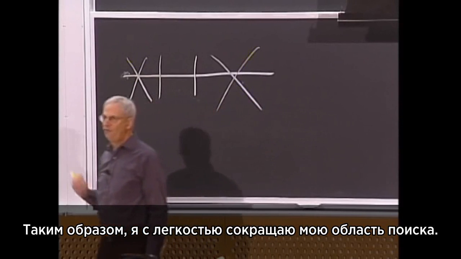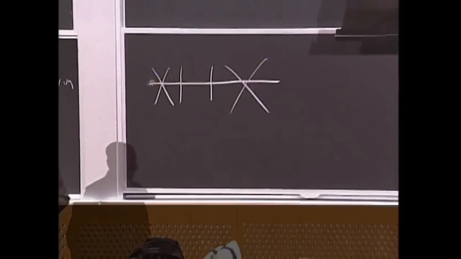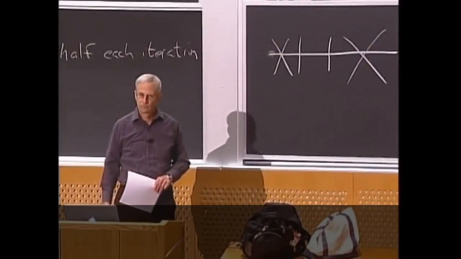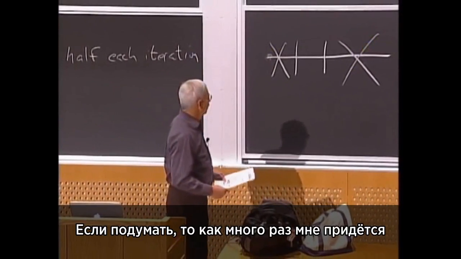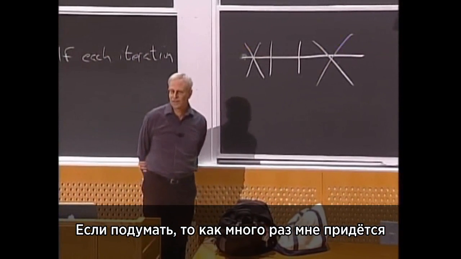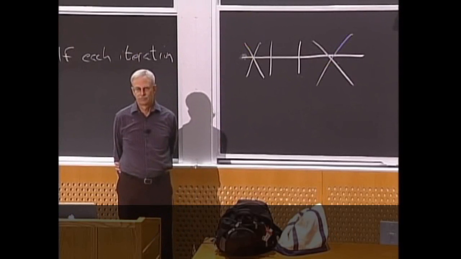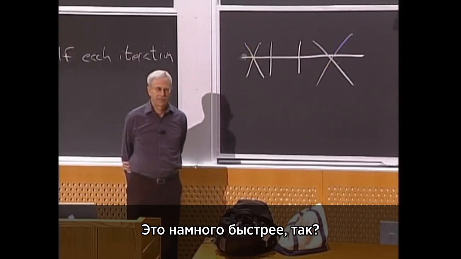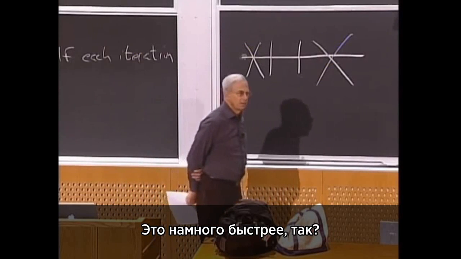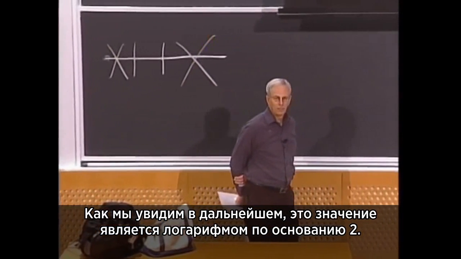So now I'm very quickly pruning my search space. If I think about that, how many times am I likely to have to prune it? It's much faster, right? As we'll see later, it's basically log base 2.